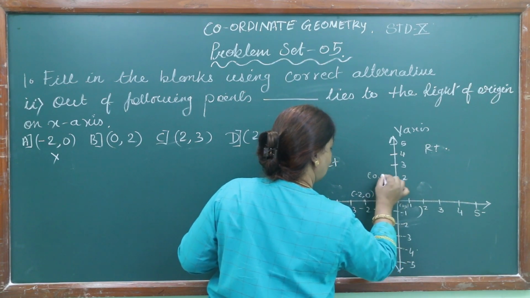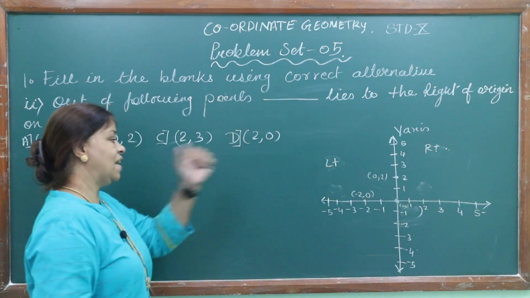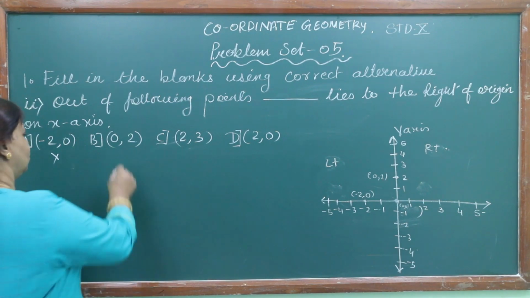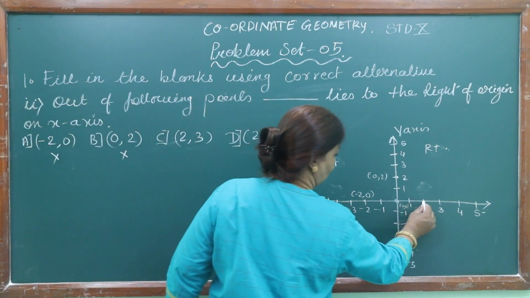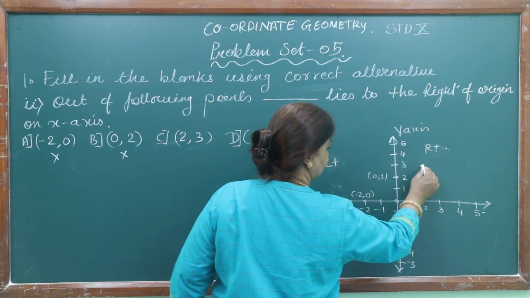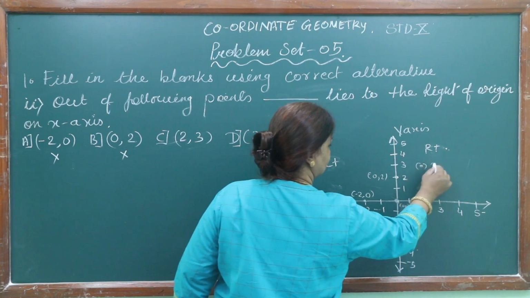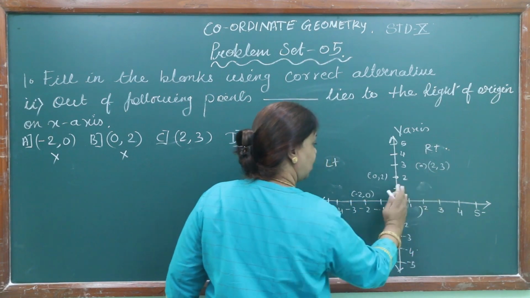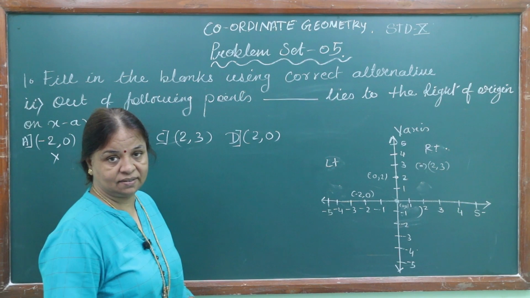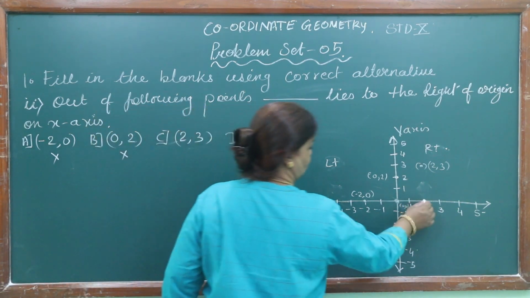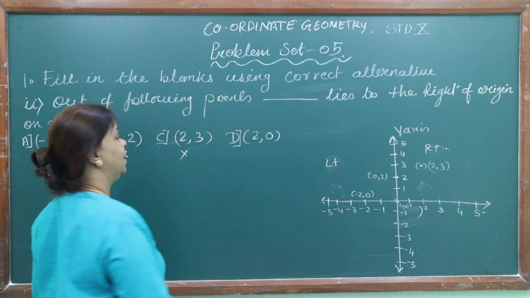This point is (0, 2), so it is lying on the y-axis. So this also doesn't. (2, 3) is here. This point lies on the right side but not on the x-axis. So even this point will not lie.